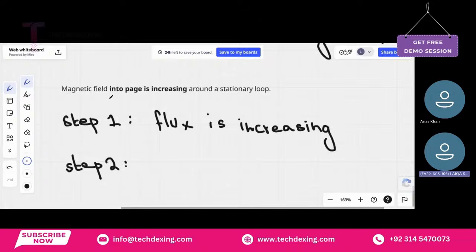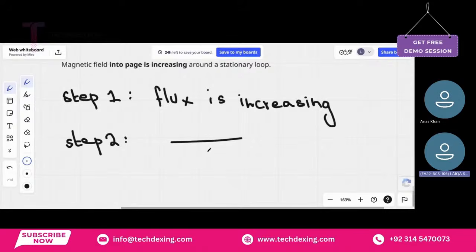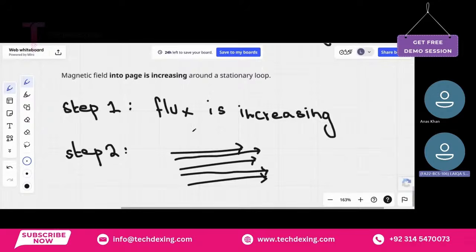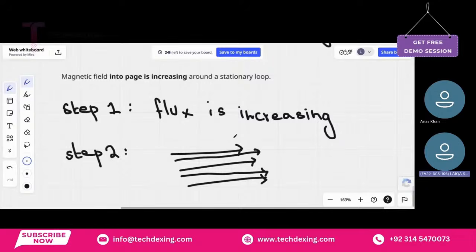If the current magnetic field is into the page and I add another magnetic field which is also pointing into the page, what would be the effect on the flux? Will it increase or decrease? If I add the induced magnetic field in the same direction as the original magnetic field, what would be the effect on the overall flux?